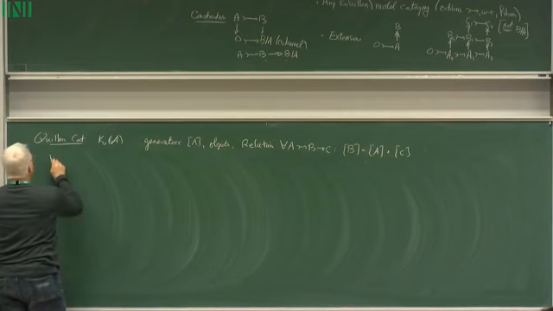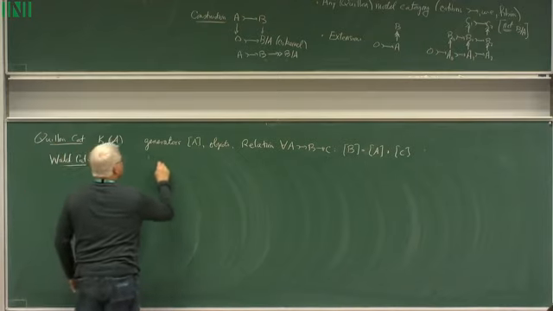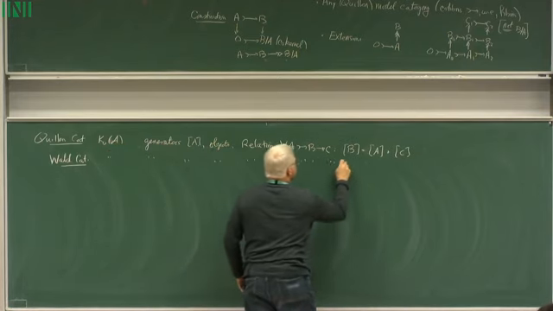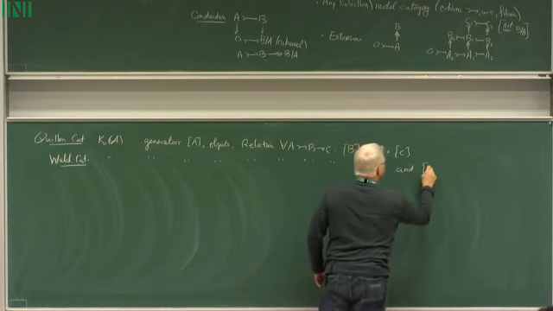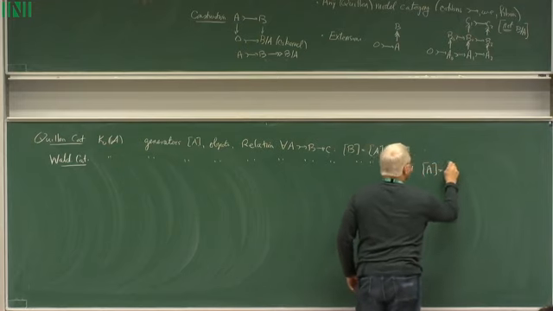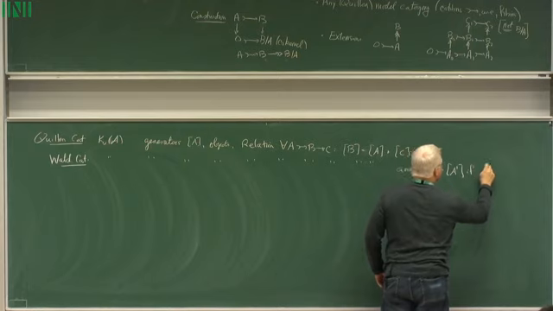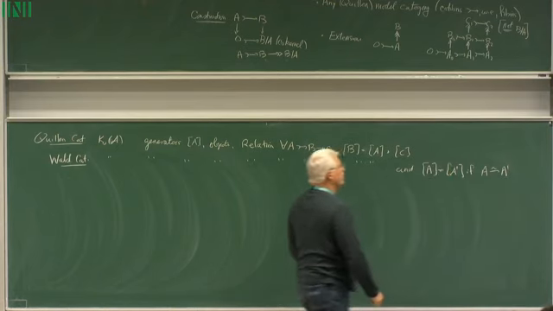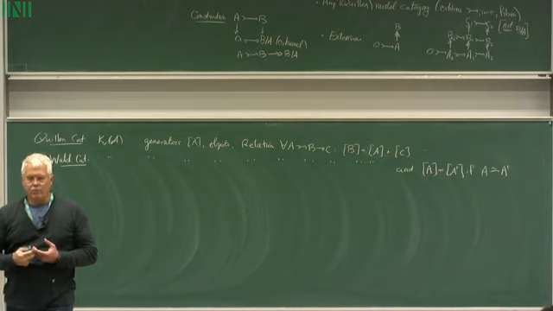And for a Waldhausen category, and that is that if you have a weak equivalence between two objects, then it becomes an identity on the homotopy groups.